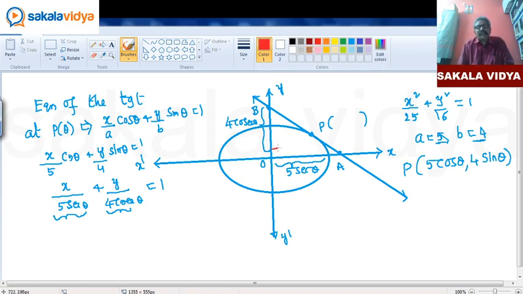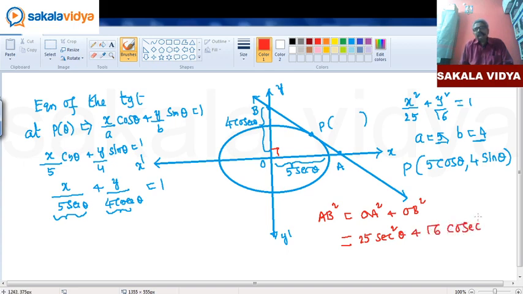This is a right angle triangle, so by the Pythagoras theorem, AB square equals OA square plus OB square. OA square is 25 secant square theta plus OB square is 16 cosecant square theta.